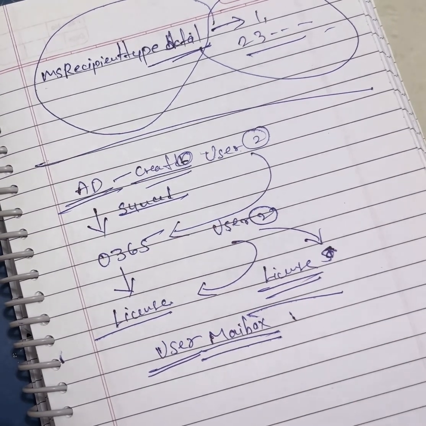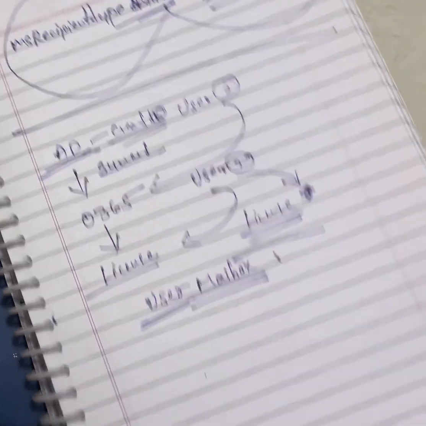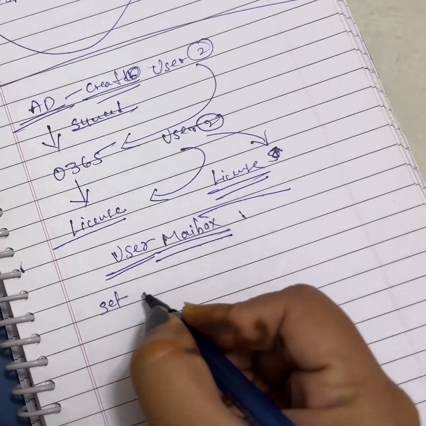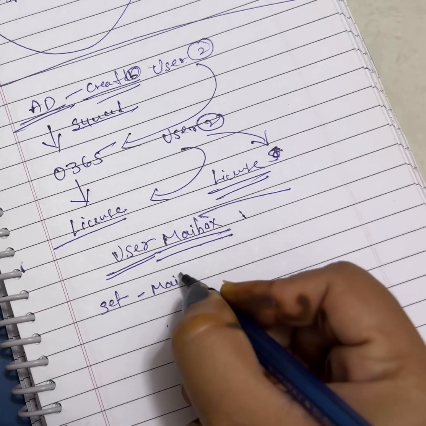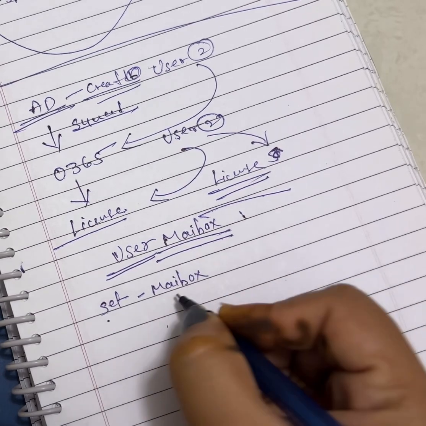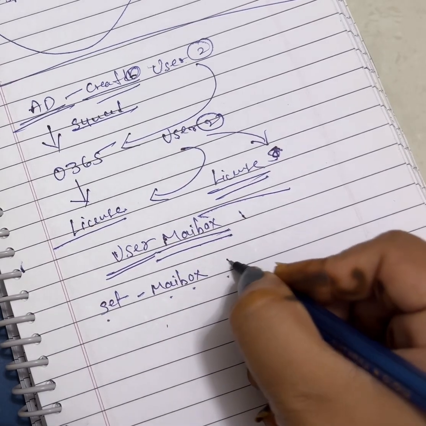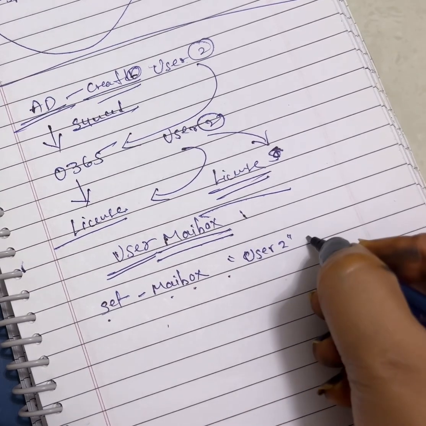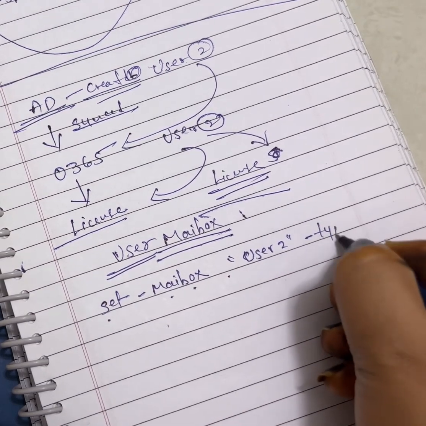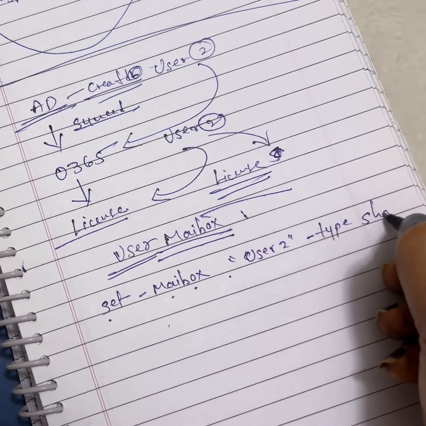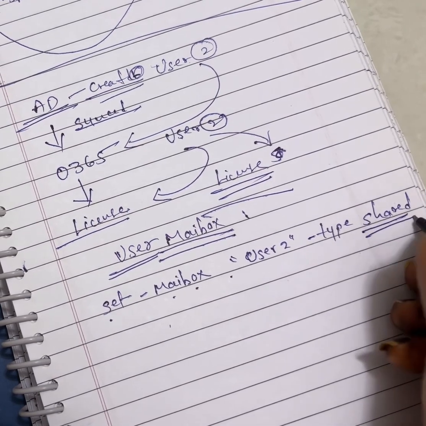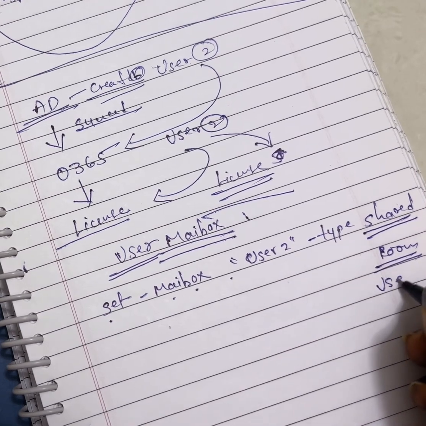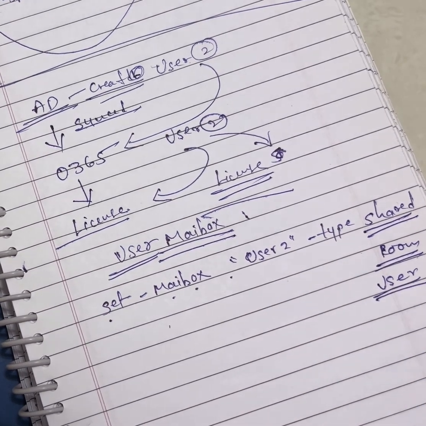User mailbox got created, but my requirement is to convert that into a shared mailbox. So there is one simple PowerShell command, Set-Mailbox. You have to give the name as user2, -Type Shared. So shared, room, or regular user, these you can convert it to.